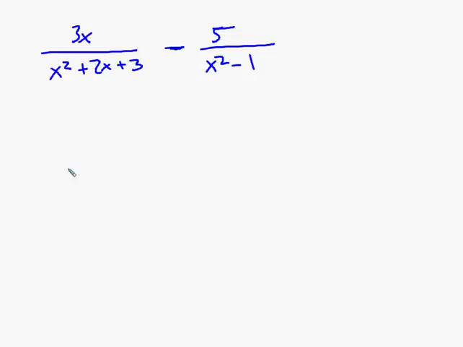So what do I need to do? Factor. So I factor my numerator or denominator here. Sorry, that fraction's wrong. I'm changing this. I mixed up my 3 and my 2. This should be a 3, and this should be a 2.